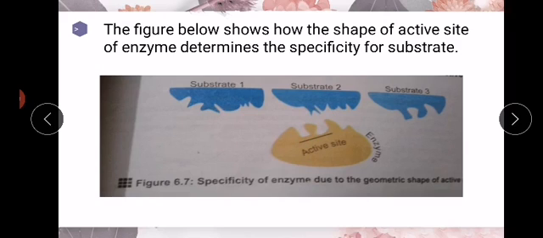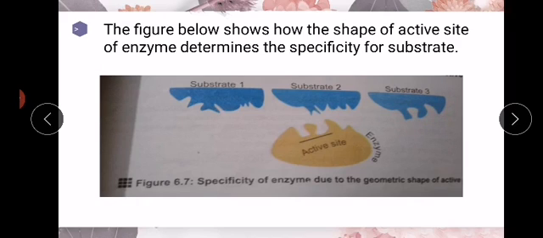Here we can see this is substrate 1, this is substrate 2 and this is substrate 3. Which substrate will attach with this enzyme, with this active site? This one has so many curves, whereas the active site only has 2 or 3 curves, and this substrate also has 2 or 3 curves.